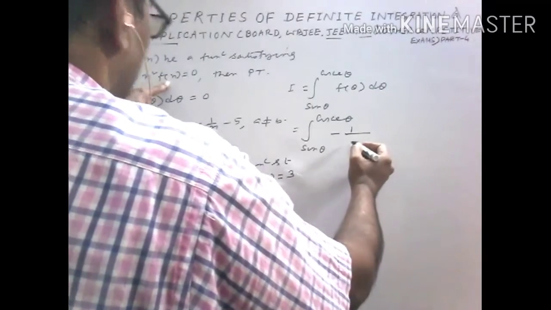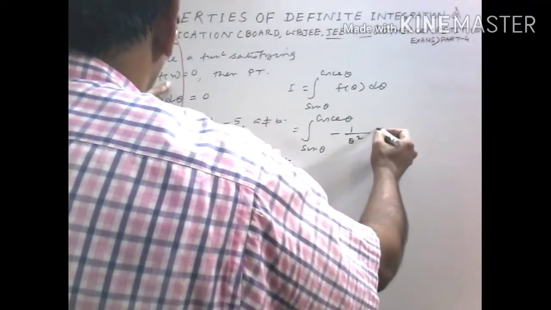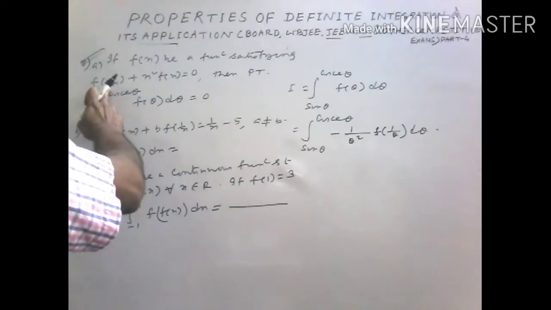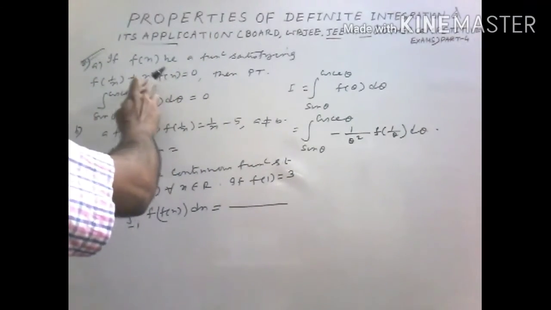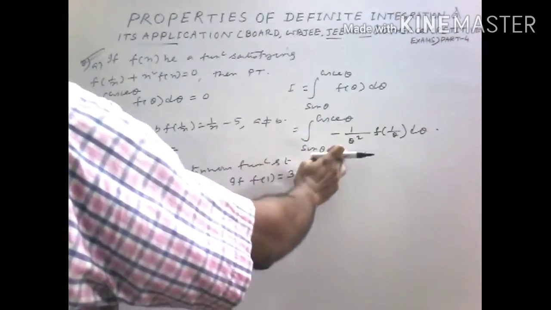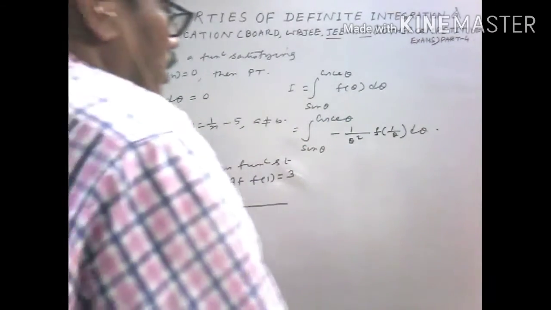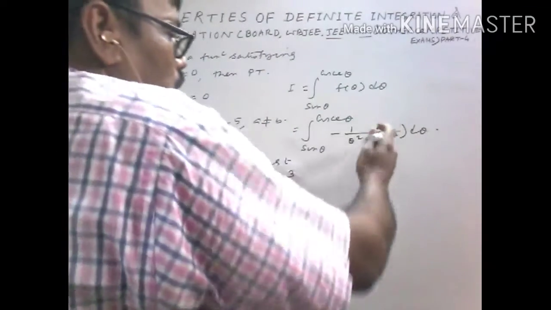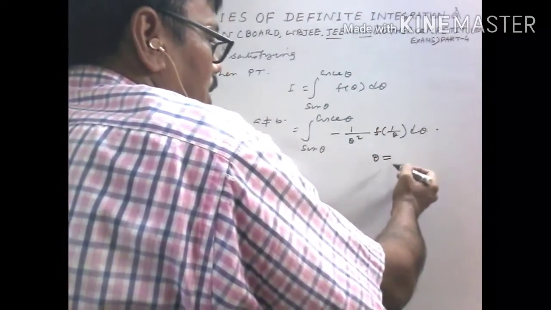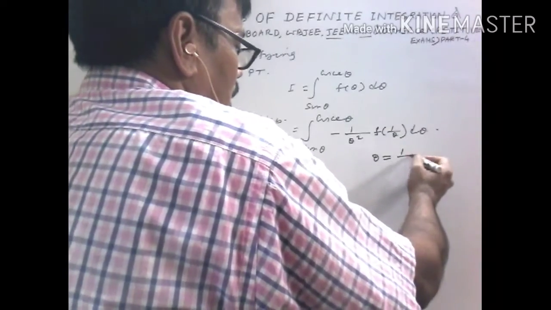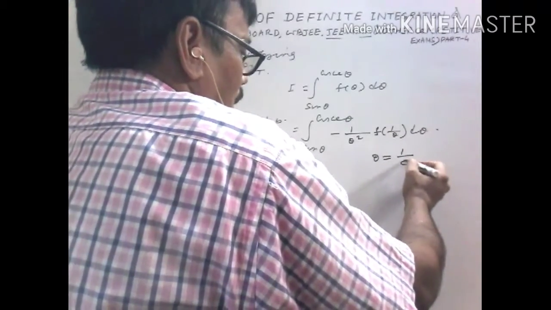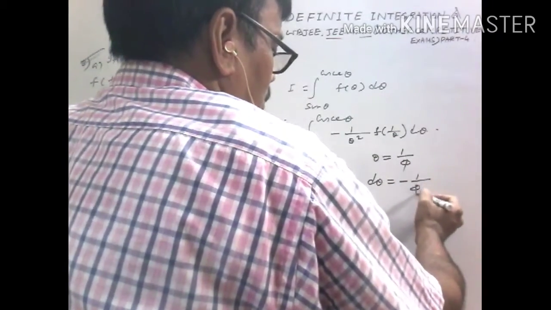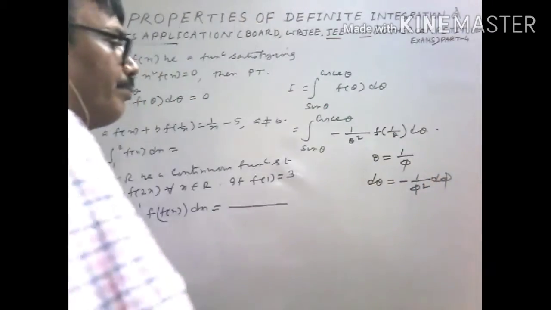So f(theta) is minus 1 by theta square, f of 1 by theta d theta. So what is f(1 by x)? It is minus 1 by x square f(x). So minus 1 by theta square, f(1 by theta) d theta. Now this is f(1 by theta). So put a reciprocal transformation, theta equals to 1 by phi. So what is d theta? D theta equals to minus 1 by phi square d phi.